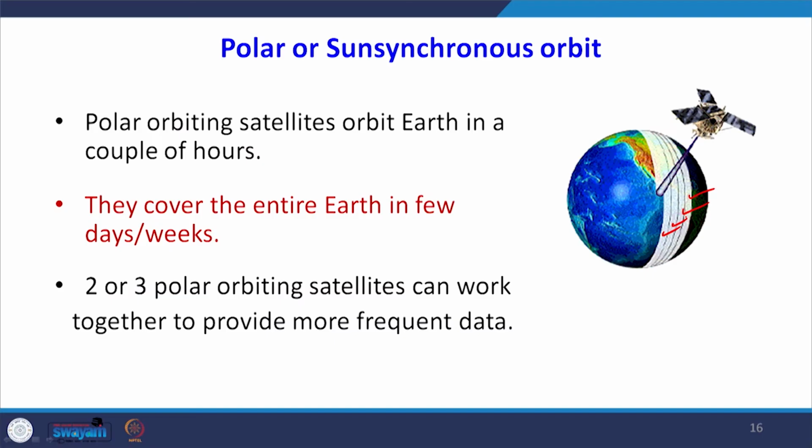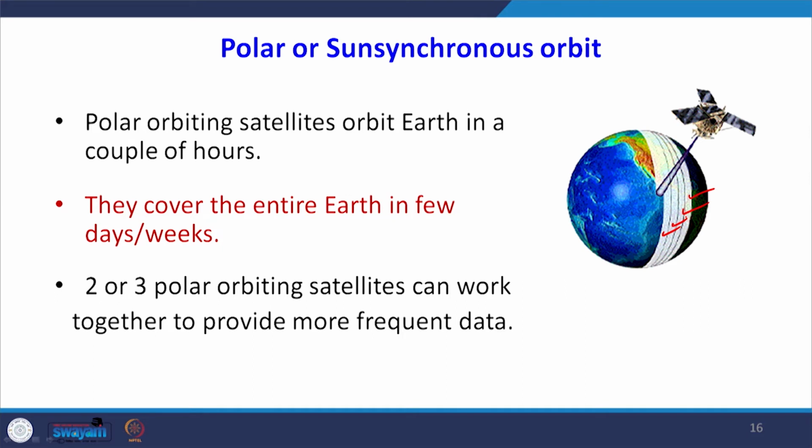Now, if we have 2 to 3 polar orbit satellites, the same series of satellites or 2-3 satellites from different countries, polar satellites which have been launched, if we take them together, we can reduce the temporal frequency.